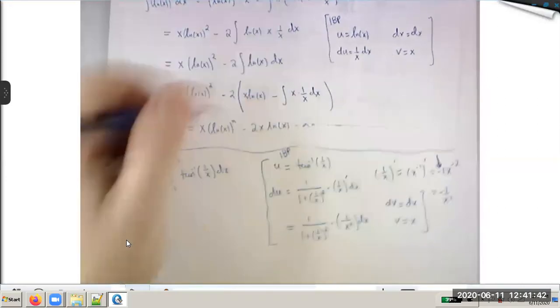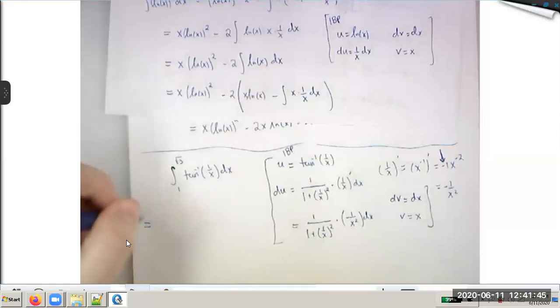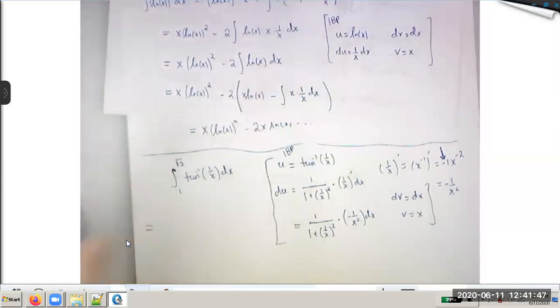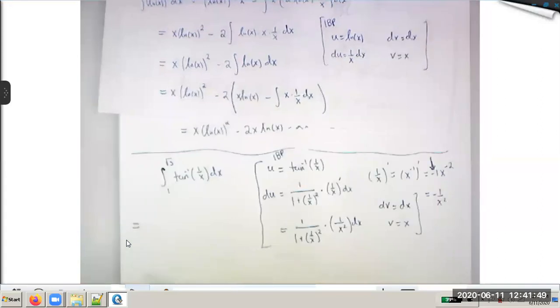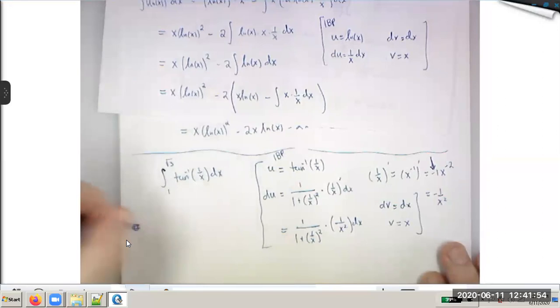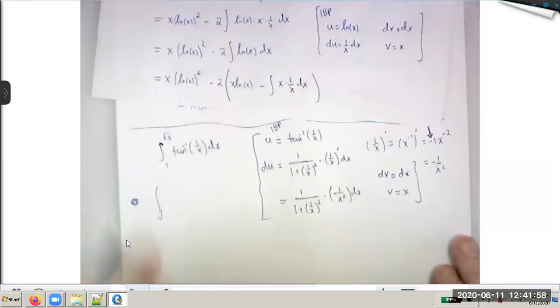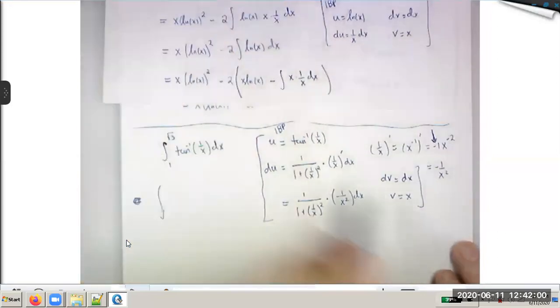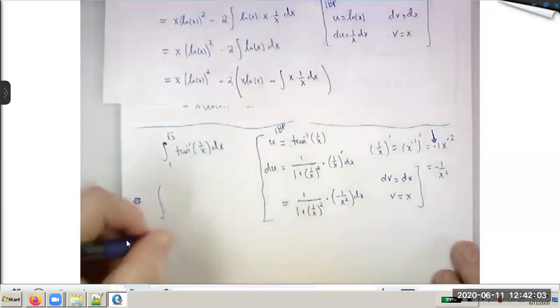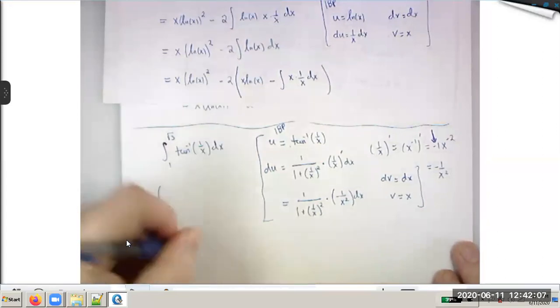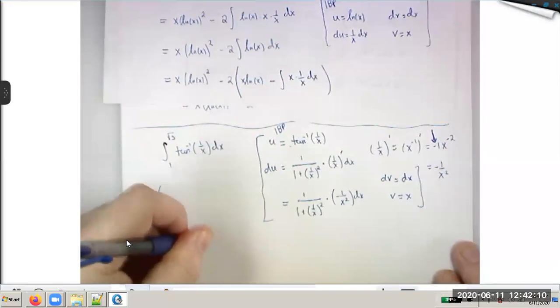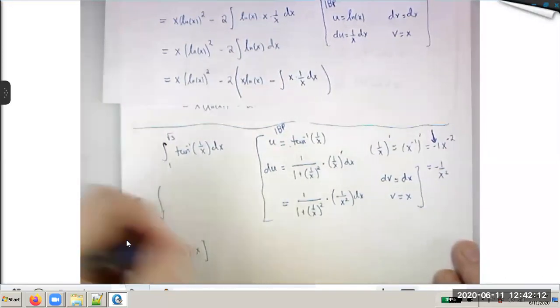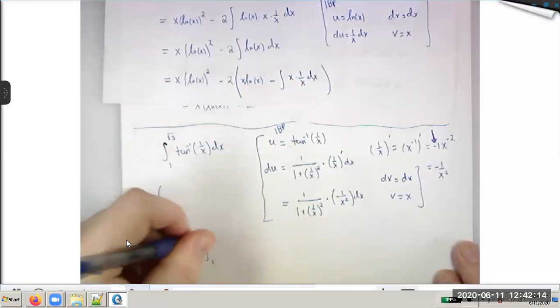So now we can set this up. uv minus the integral of v du, except uv, because it's a definite integral, has to be evaluated between the bounds, right? Exactly. Don't forget the evaluation. Each piece gets evaluated. So it's x times arctangent of 1 over x, evaluated from 1 to the square root of 3.